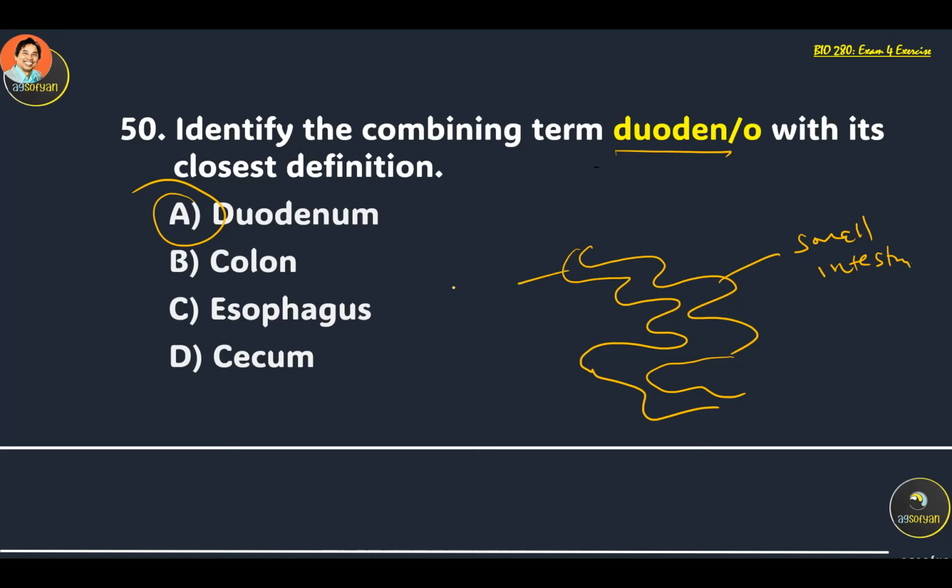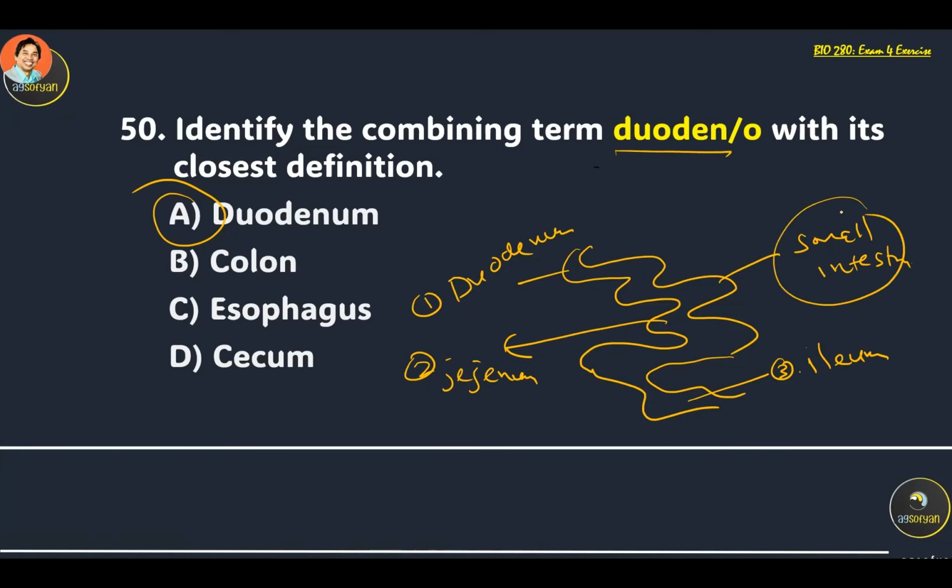The first part is called the duodenum. This is the first part. And then the middle part, the longest part, is called the jejunum. And the last part over here is called the ileum. So duodenum, jejunum, ileum. This is part of the small intestine.